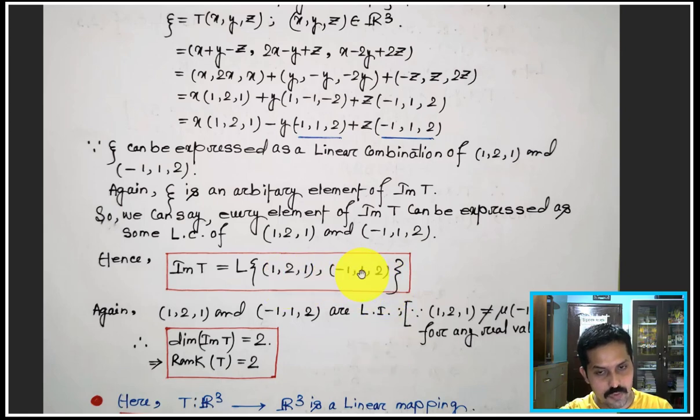Therefore, as these two elements are linearly independent, the dimension of this set is 2. That is, the dimension of Im T is 2. In other words, the rank of T is 2.